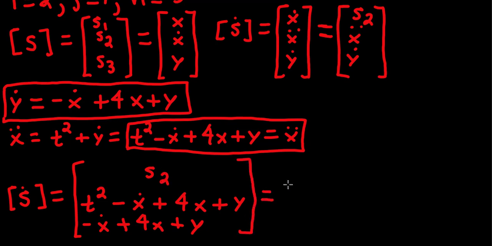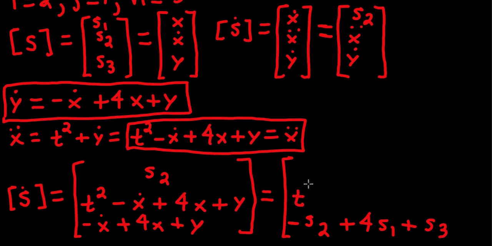And expressing these as state variables, that gives us negative s2 plus 4s1 plus s3 on the bottom. In the middle, it gives us t squared minus s2 plus 4s1 plus s3, and then we just have s2 on the top.